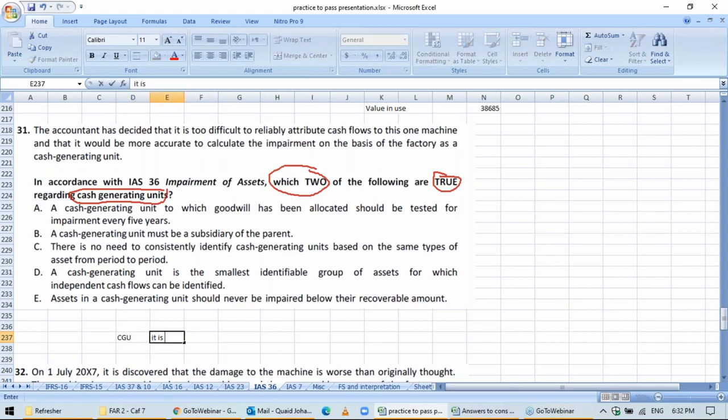It is the smallest group of assets in an entity that can generate cash independent of other groups in the entity.